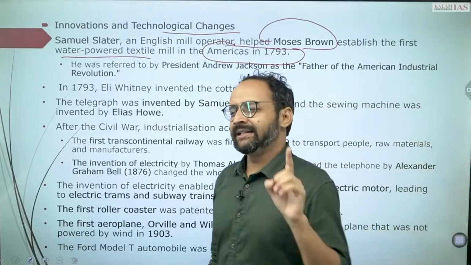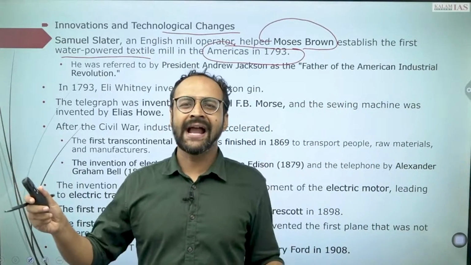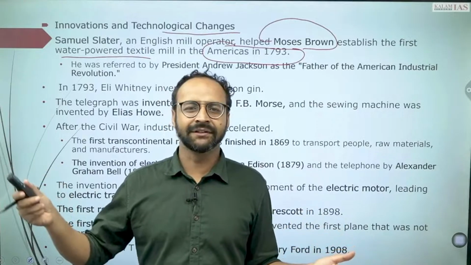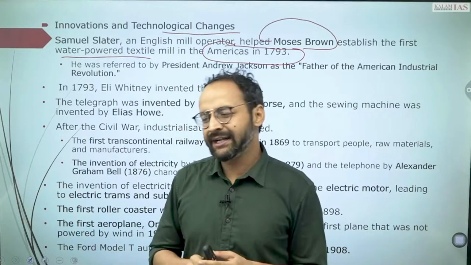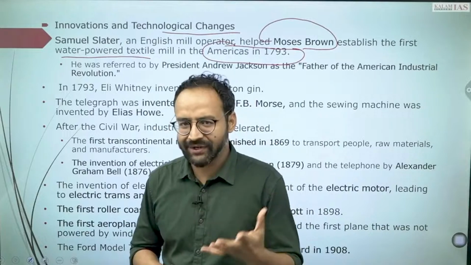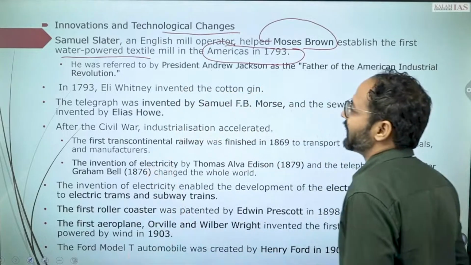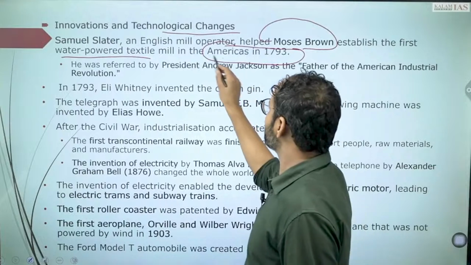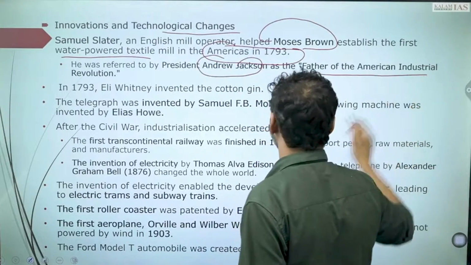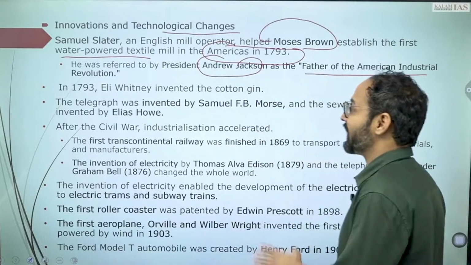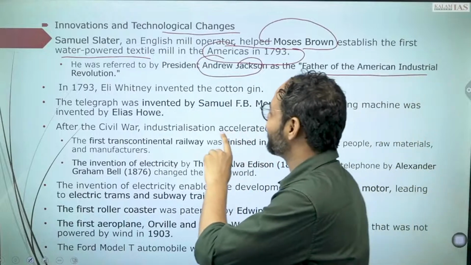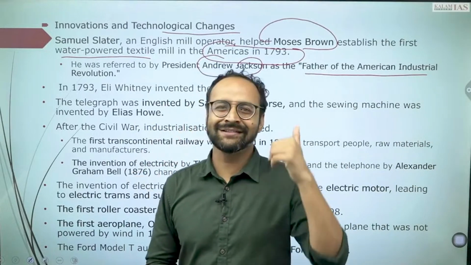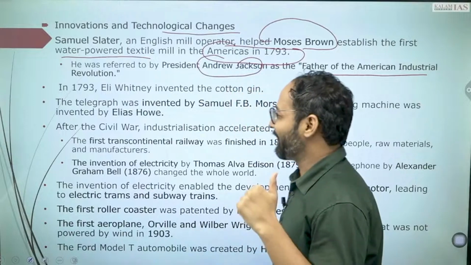Mind you, I said there was a relation of son and father between the US and Britain. So these are the effects of that. He was referred to by Andrew Jackson as the father of the American Industrial Revolution. The father of the American Industrial Revolution is a Briton. So that's what I'm trying to say.